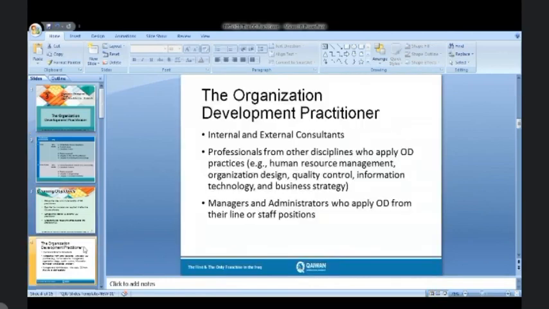The first one is the organizational development practitioner. Who are the organization development practitioners? There are three kinds of people.